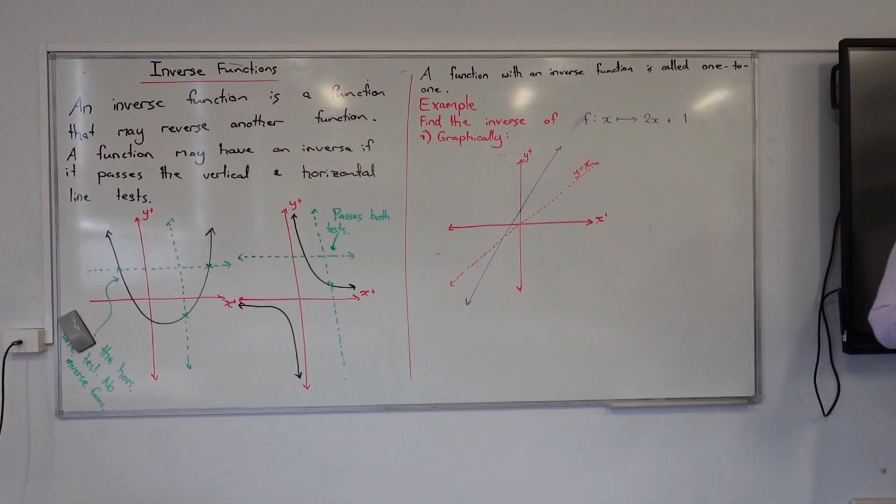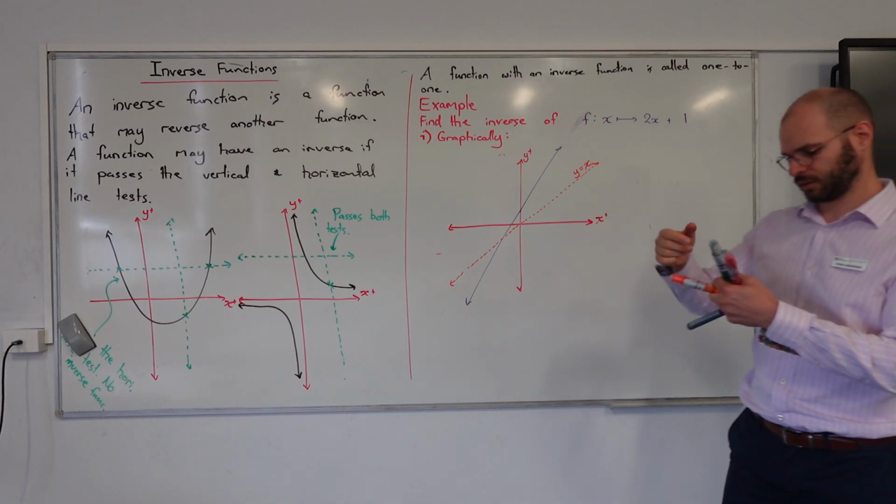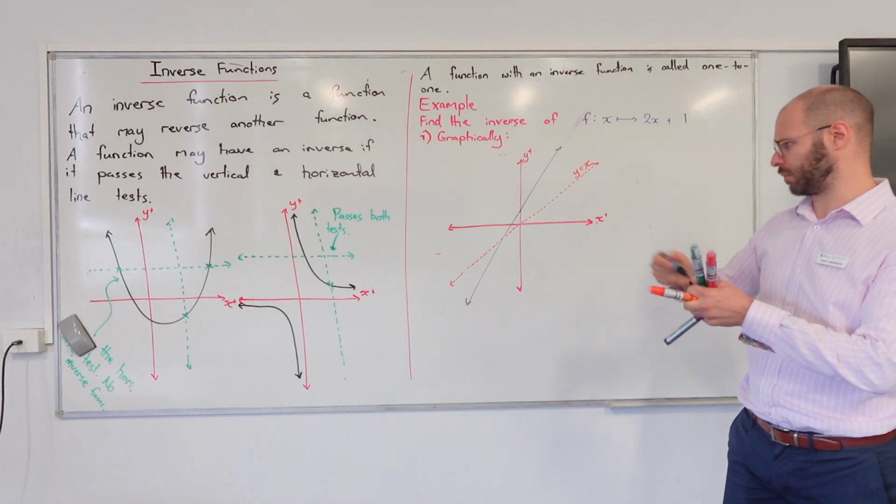If it's a one-to-one function, the inverse function is a reflection about y equals x. So all you need to do is find two points and then sketch in the next one.